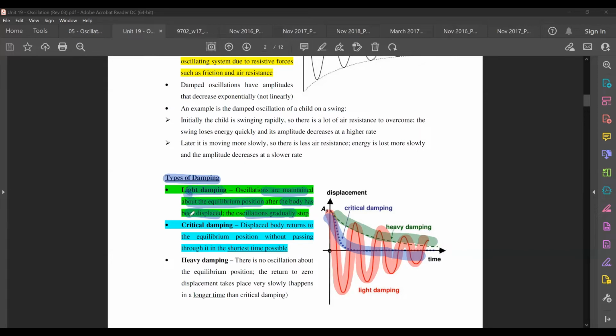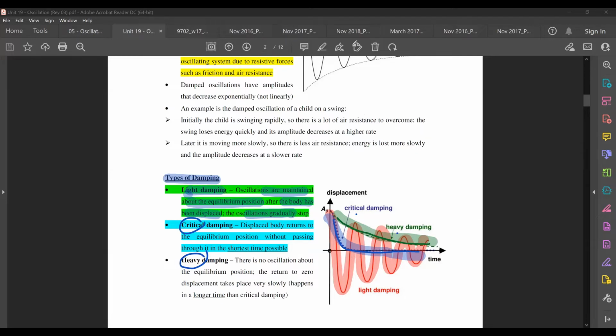Unlike light damping, where there's still oscillation about the equilibrium as the amplitude gradually drops. But for critical and heavy damping, you don't see any oscillation being maintained. They just straight away go back to the equilibrium position.